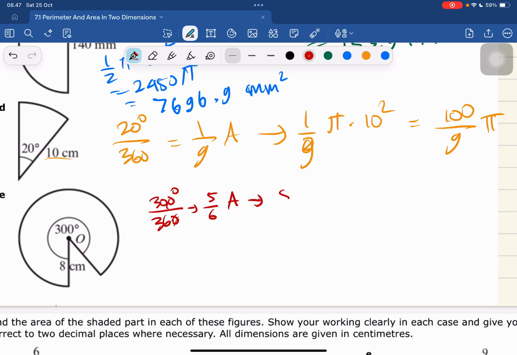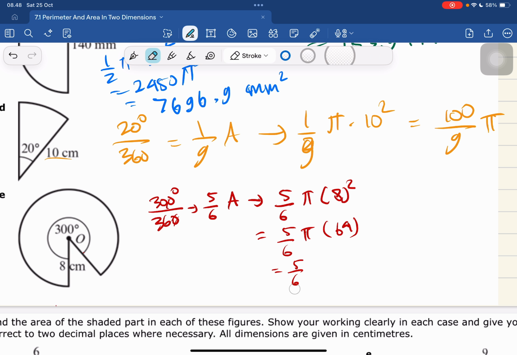So the area is 5/6 times pi times the radius, which is 8, squared. So 5/6, 5, we multiply it by 64.